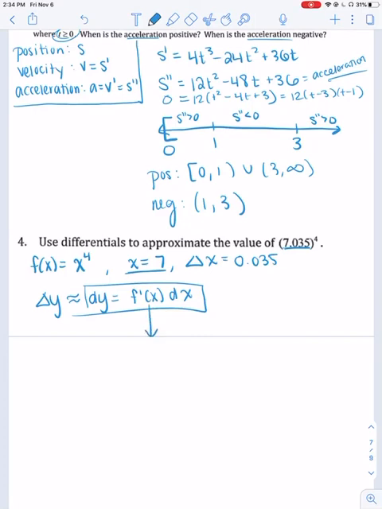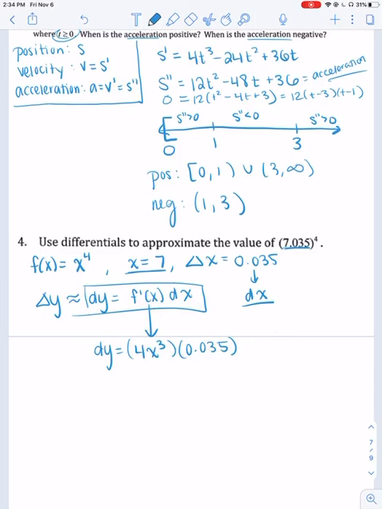So what is f prime of x? The function f of x is x to the fourth, so this is going to be 4x cubed. And then dx is delta x, so this is dx. They're the same thing in these types of problems. So this is 0.035, and this is dy.